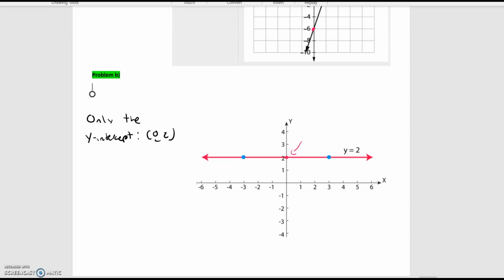So horizontal lines, well, in this case, this particular horizontal line, it's never going to go into the x-axis, so it's not going to have one. And let me just highlight here what I'm pointing. It's only going to have a y-intercept, no x-intercept, and if they're asking for both, I'll just mention that there's no x-intercept.